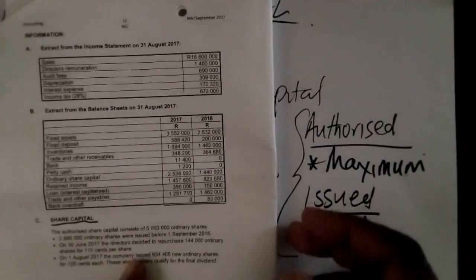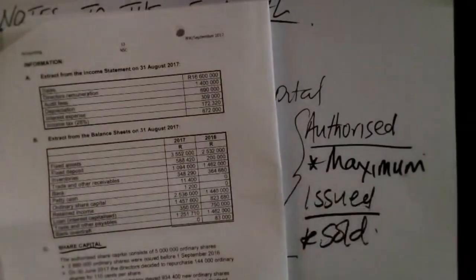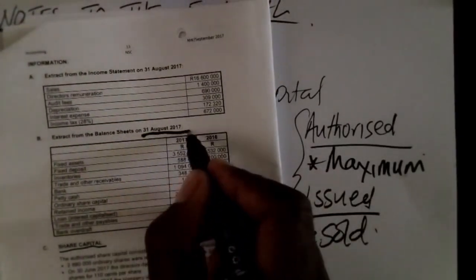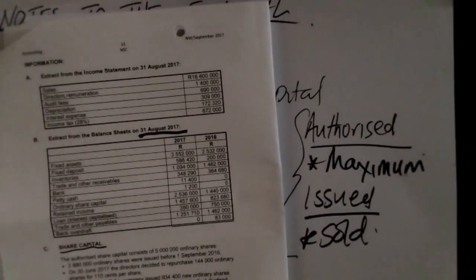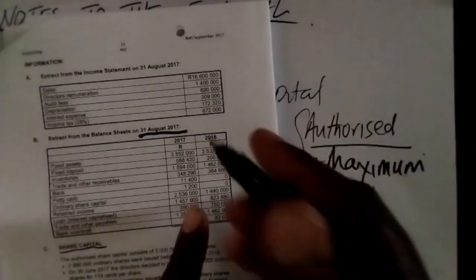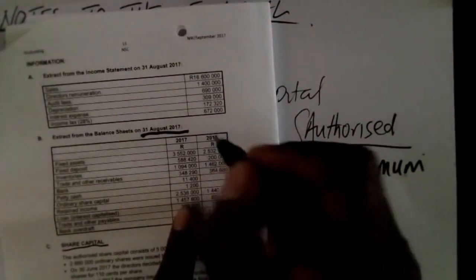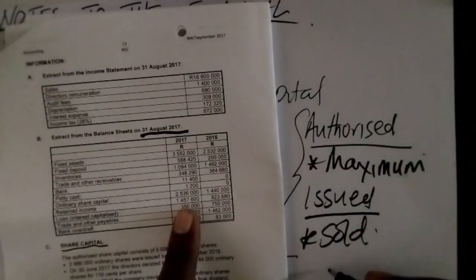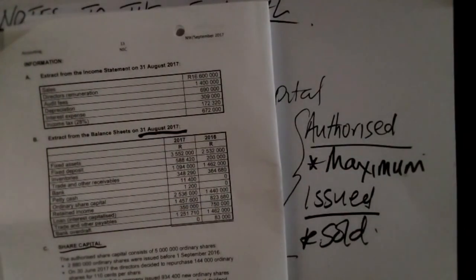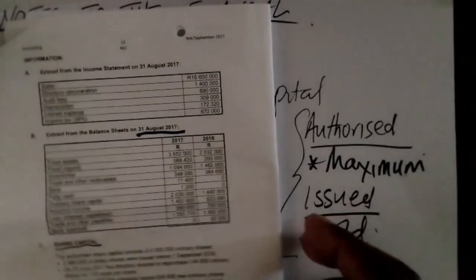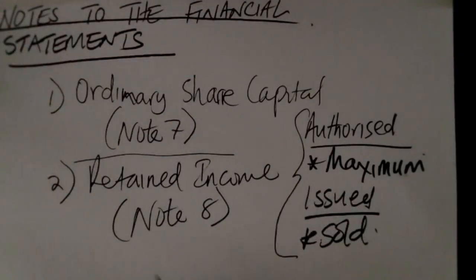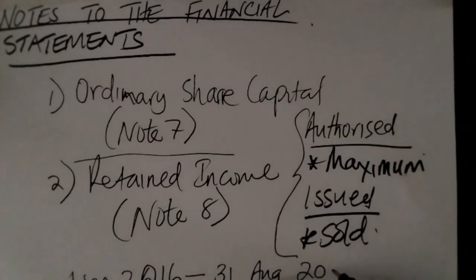If you look at our information here, you can tell that our financial year ends on the 31st of August 2017. Automatically, we know that this financial year started on the 1st of September 2016. So your financial year in this case will be 1st of September 2016 to 31st of August 2017.